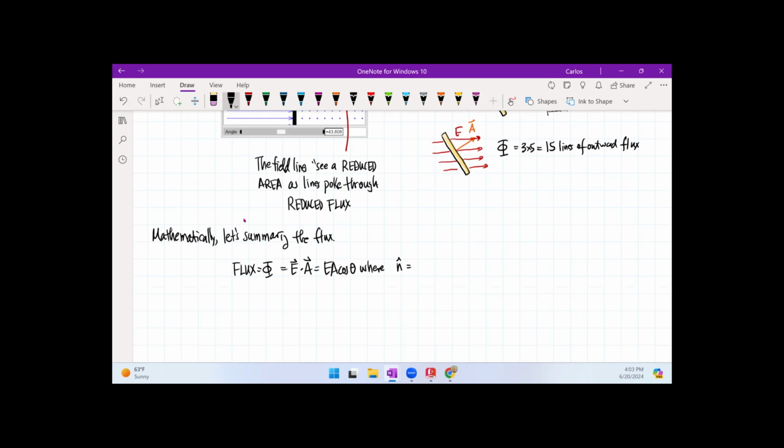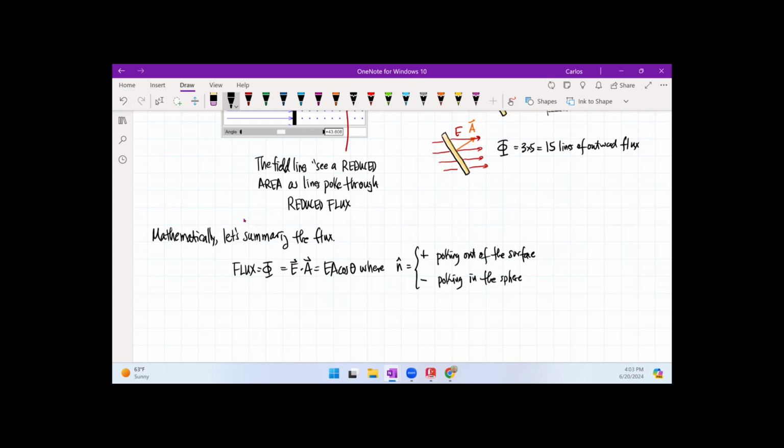That says that it's a plus sign if it's poking out of the surface. If it's poking in the surface, then we give it a negative sign.